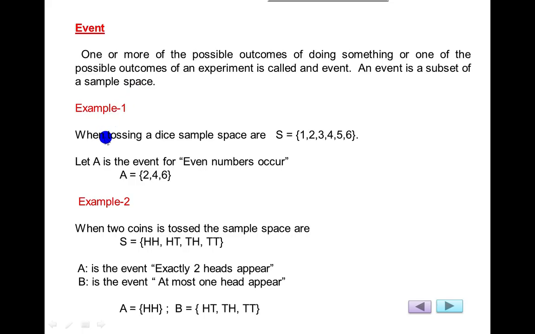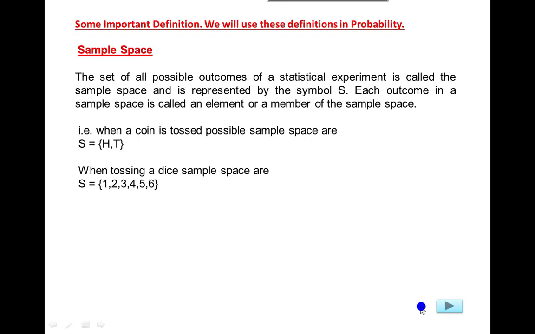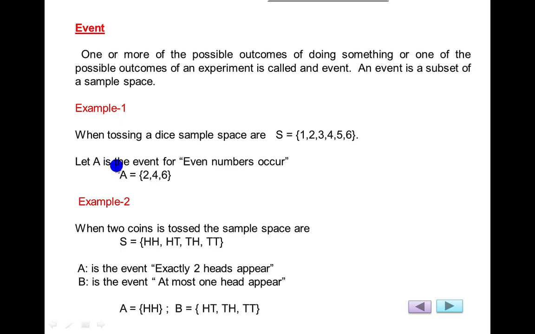First example is when tossing a dice. The sample space is 1, 2, 3, 4, 5, 6. Let us suppose A is the event. For events we use the capital alphabets A, B, C, D, E, F and so on. Instead of a long sentence or long condition, we use the alphabet.